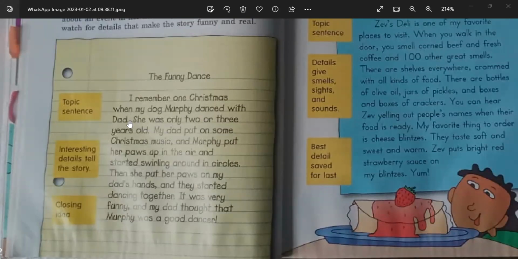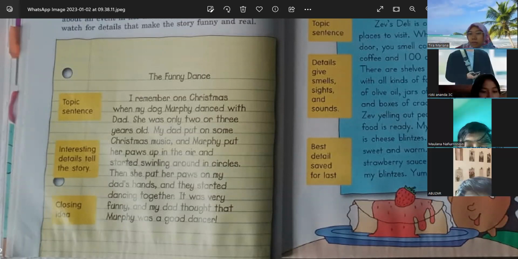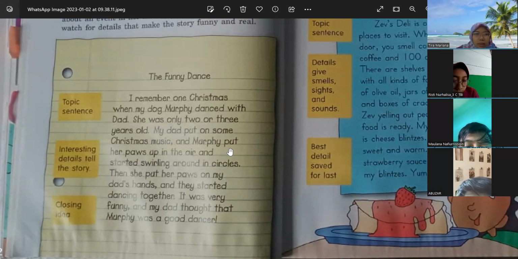Okay. Nah, and then look at the details. Detailsnya apa aja nih, guys? Come on, answer me. She was only 2 or 3 years old.